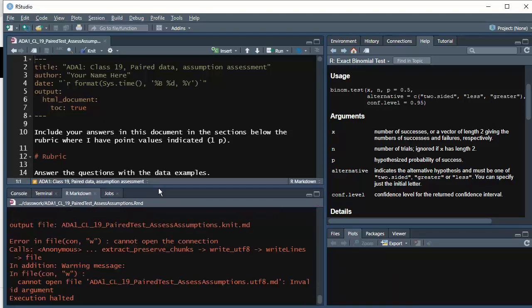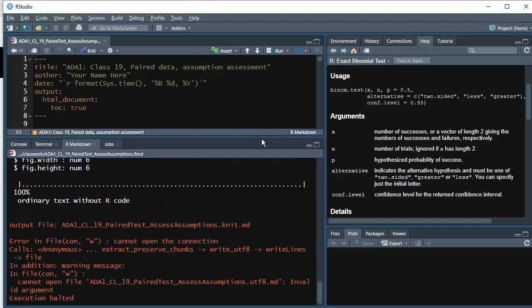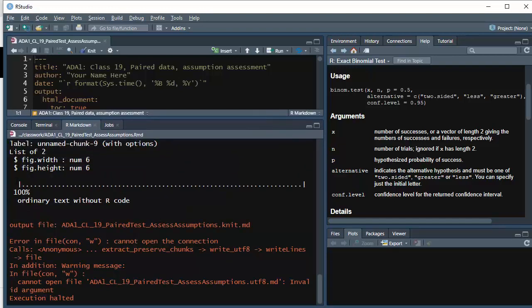And then when this finishes, this is something I get sometimes. I'm glad this came up. Sometimes it gets to the end of knitting. You can see we got 100%. But sometimes I get this error. Well, it's having trouble writing the markdown file. So it writes a markdown file and then it converts that to HTML.